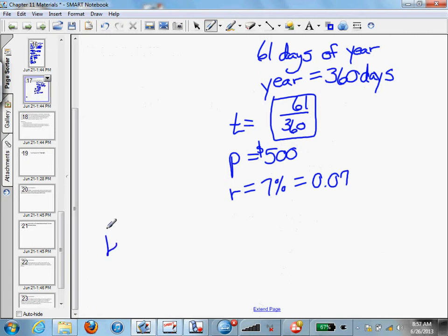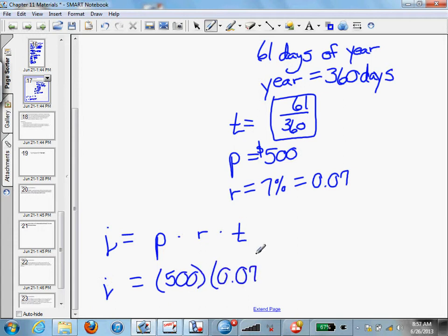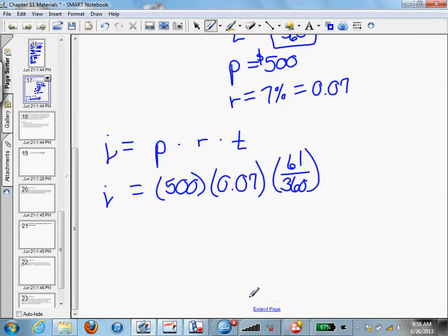Now let's use our formula I equals P times R times T. I equals the principal of 500 times the rate of 0.07 times the time, 61 divided by 360. If you punch all that in your calculator, you get I equals the interest amount of $5.93.